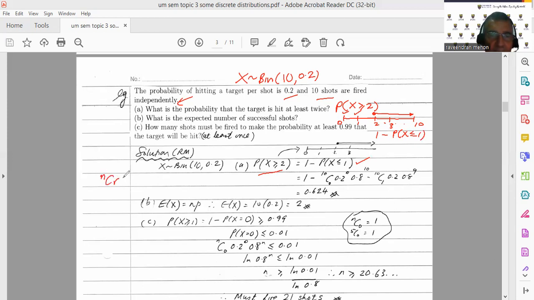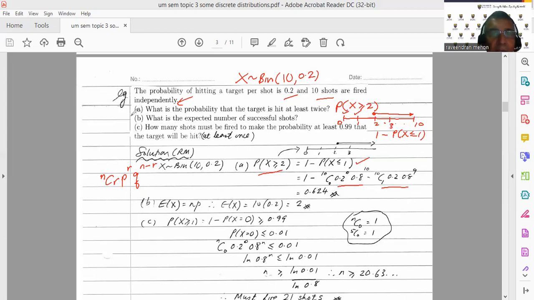It's nCr p^r q^(n-r), remember? So when you want to work out probability X equals 0, so r equals 0, you will get this. When you want probability X equals 1, r equals 1, you will get this. Remember, n is 10 and p is 0.2, so q must be what? 0.8. Good. So use a calculator and we are done.